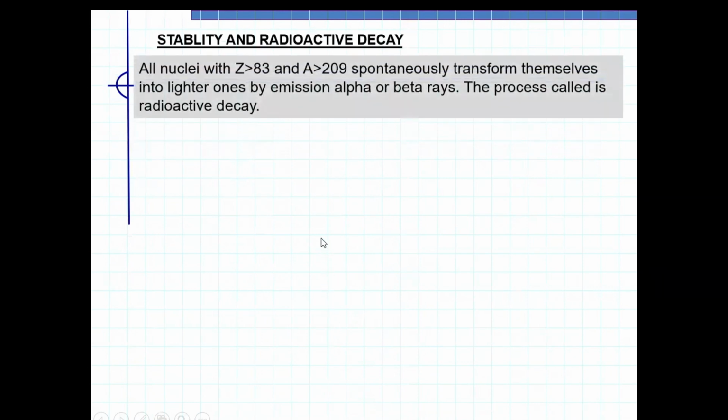All the nuclei that have Z greater than 80 and A greater than 209 spontaneously transform themselves into lighter ones by emitting alpha particles or beta particles. And the process is radioactivity.